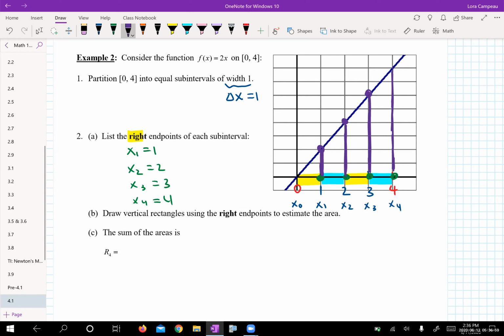Okay, so I'm trying my best to draw this vertical line to help you see the rectangles that I'm drawing. And when you make the rectangles this time, they're going to look something like this.